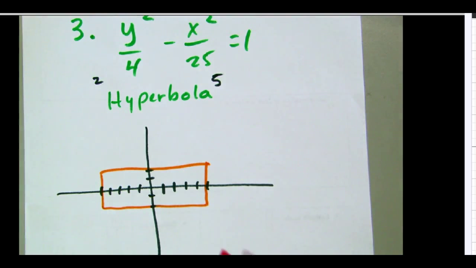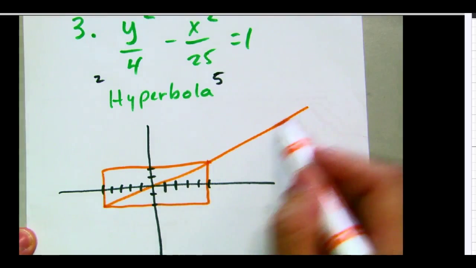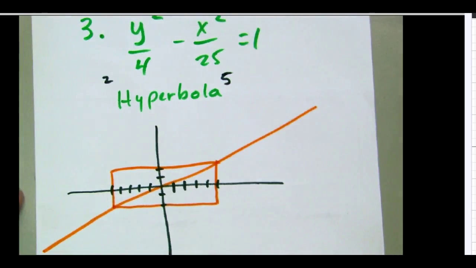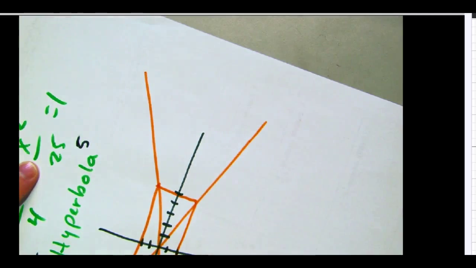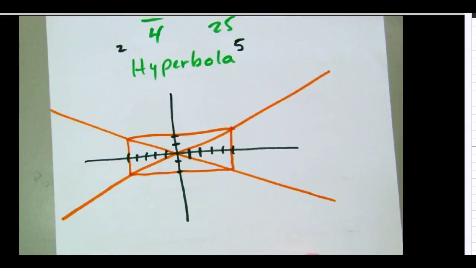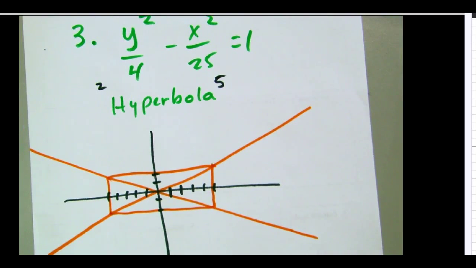Except now, what we do is we shoot a line through here. Sorry, I got to draw this way. Those are not our curve, but those are what we call asymptotes. That's what we use to approach.